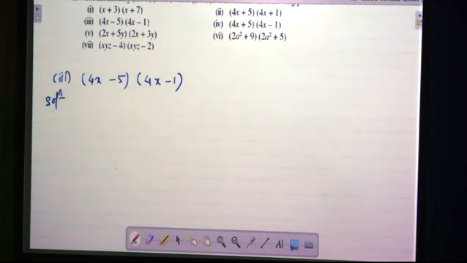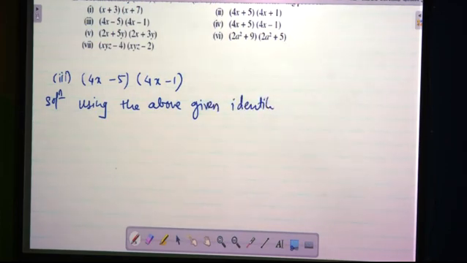Solution. Using the above given identity, x is equals to 4x, a is equals to minus 5, b is equals to minus 1.